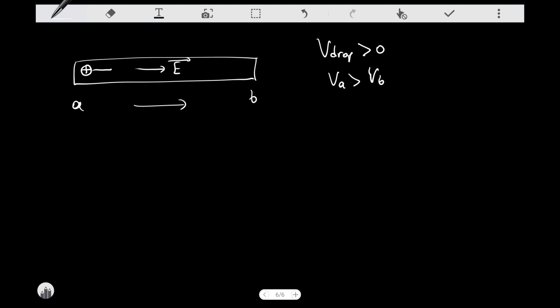So it's going to move along that direction. And on the contrary, a negatively charged particle, perhaps at B, would be forced in the opposite direction. So they are going to move in the leftward direction.